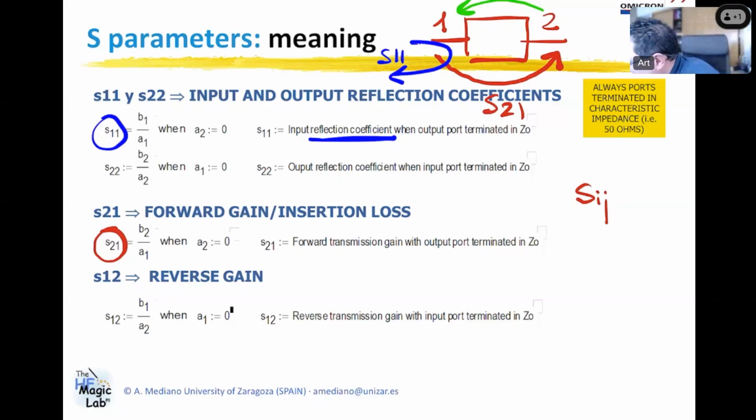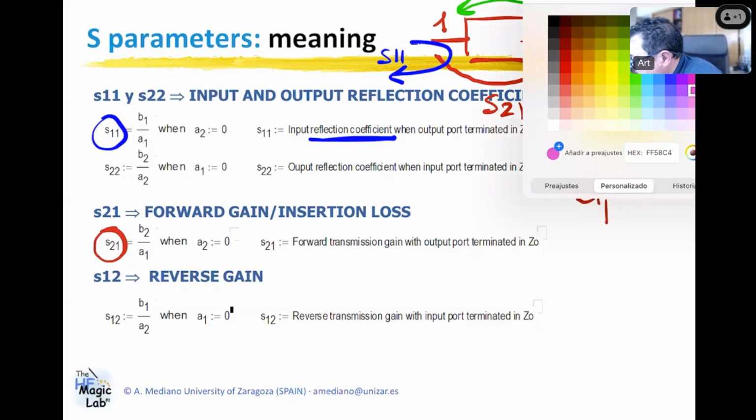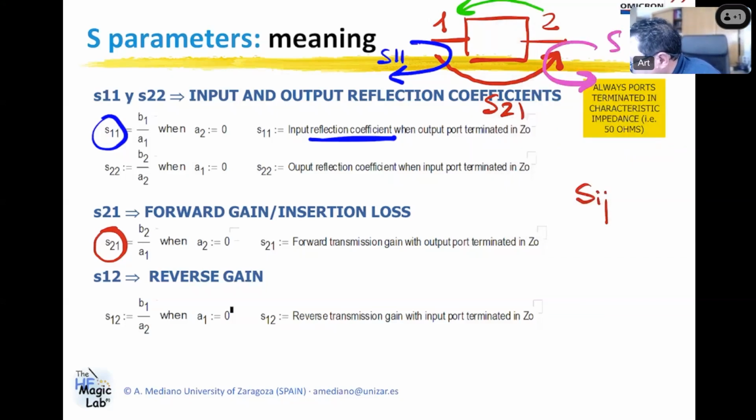And finally, S22 will be the reflection coefficient at the output port. So with the 4 parameters, you can represent your network like a black box and discover what happens when you introduce this network in some specific environment. In reality, what happens when you connect this network to other different circuits.